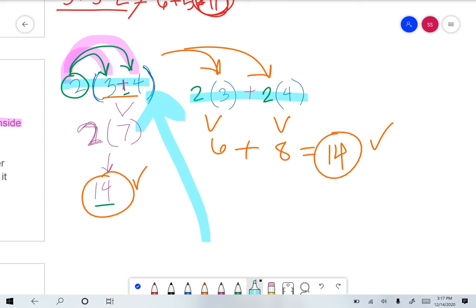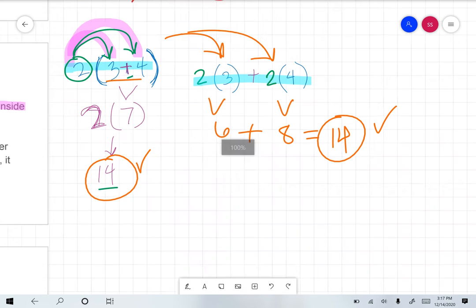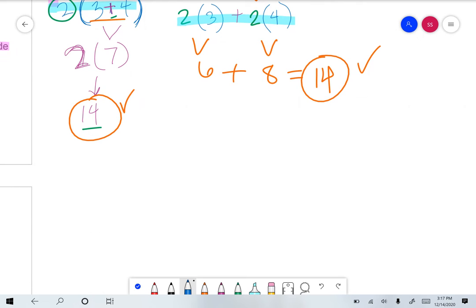Sometimes it can make things look a little less complicated doing distributive property, especially if you have fractions involved. But the main reason we teach you distributive property is because starting next module, you are going to have things called variables in your expressions. Variables are basically letters that represent numbers.